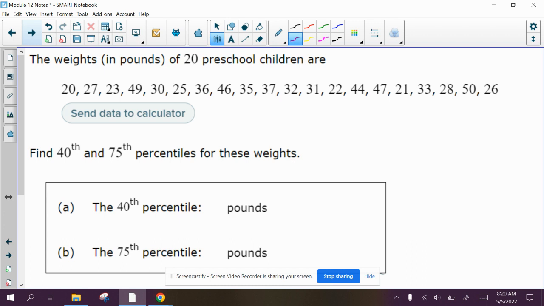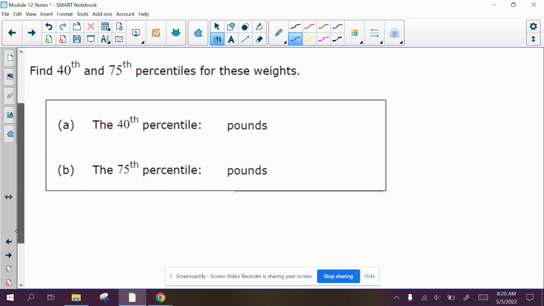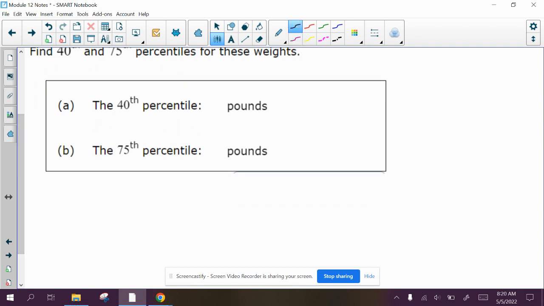And the last thing that we're going to talk about is percentiles. So the first thing that we have to do here is put all of these numbers in order from least to greatest. So again, I did this ahead of time, so I'm just going to write them out.